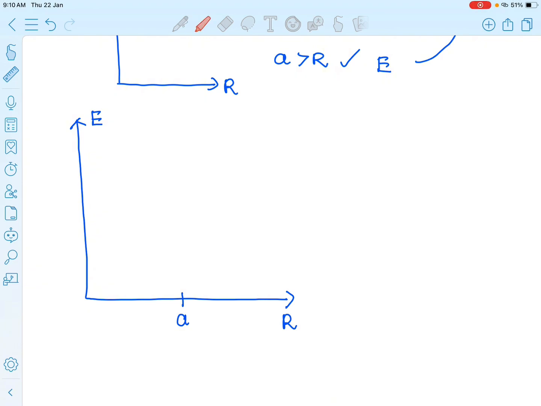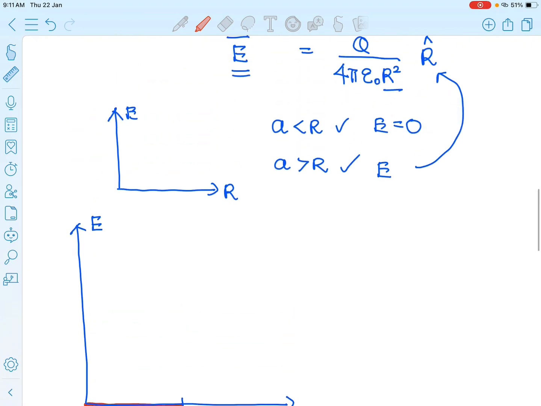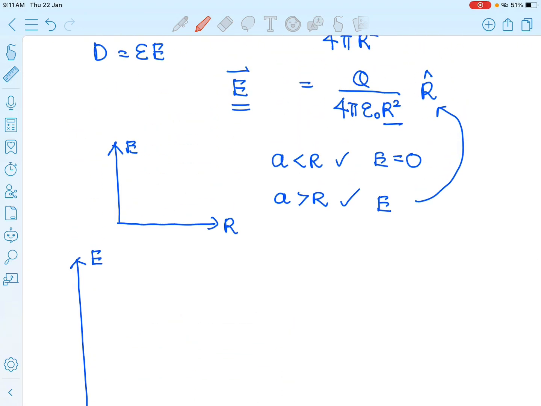So between 0 to A, the electric field is 0. And for R greater than A, you start to have some values, so this is the equation. We only look at the equation, we don't look at the direction.